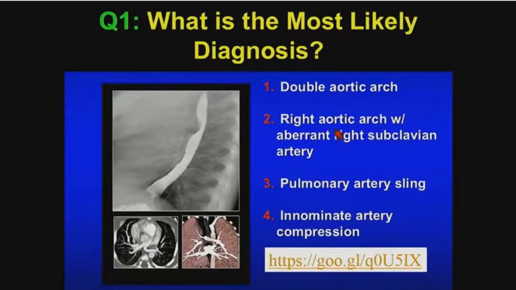And we're going to go to the question. So what is the most likely diagnosis? Could that be due to underlying double aortic arch, right aortic arch with aberrant right subclavian artery, or could that be pulmonary artery sling, or could that be innominate artery compression? So time for you to vote.